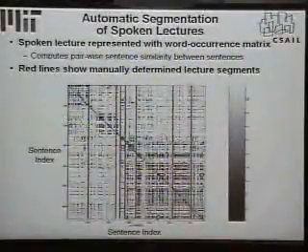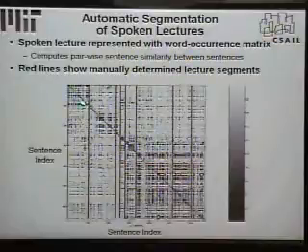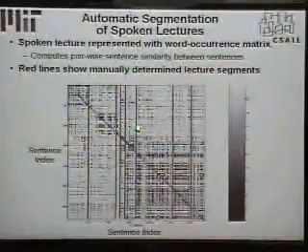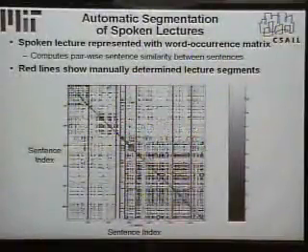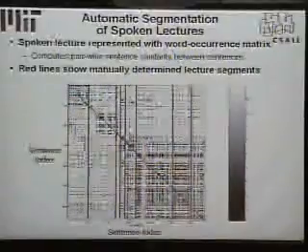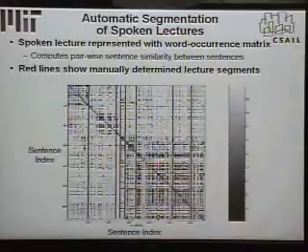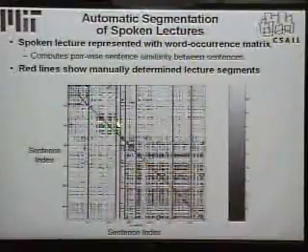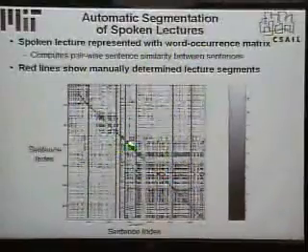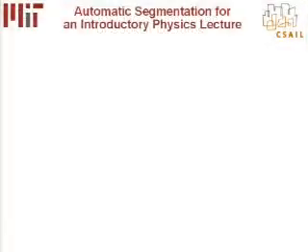So this was an hour lecture, and a human went in and said roughly there's 7 primary topics that are discussed in this hour lecture. And the interesting thing here is that the structure that you get out of this word occurrence matrix seems to line up fairly well with the manual transcription.